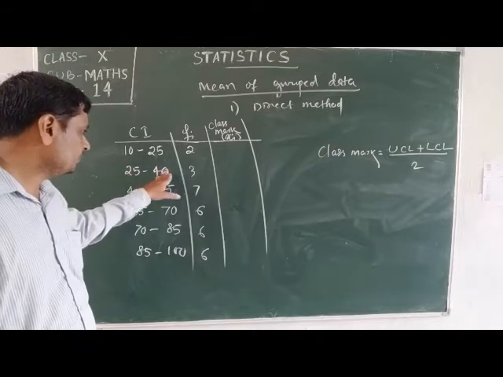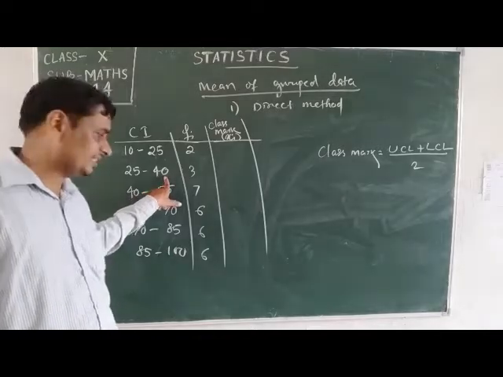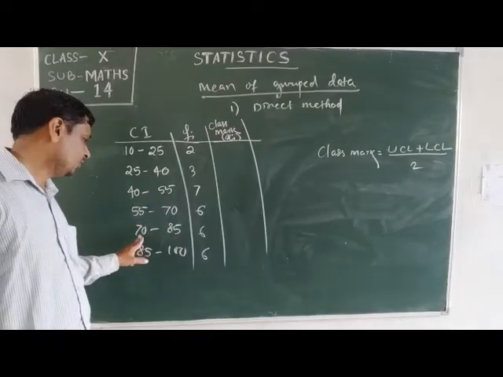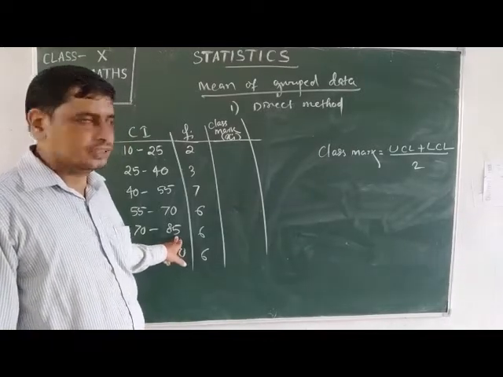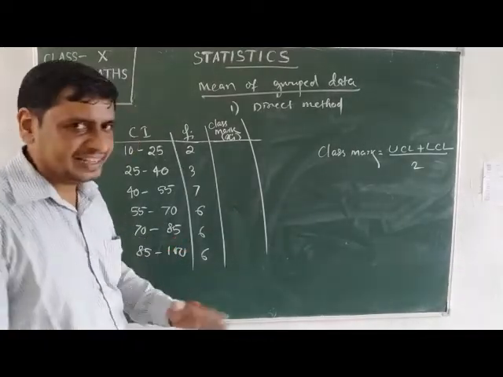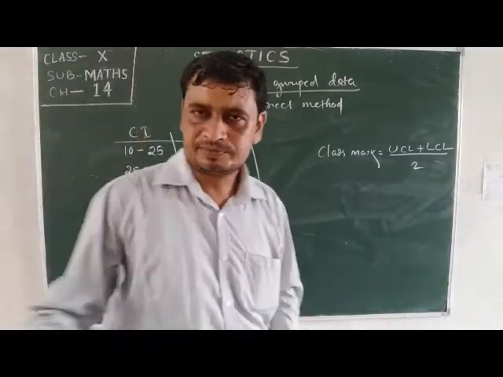In the class 25 to 40, 25 is the lower class limit, 40 is the upper class limit. Here in 70 to 85, the lower class limit is 70, the upper class limit is 85. We have to find the average of both the class limits for a given class.